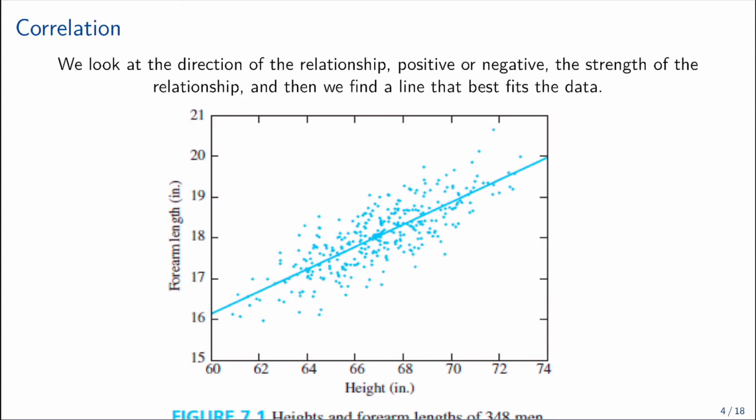And third, we use some technique, probably some least squares technique, to compute the equation of the line. So that will be the slope, and the crossing point here, let's say, is called A.